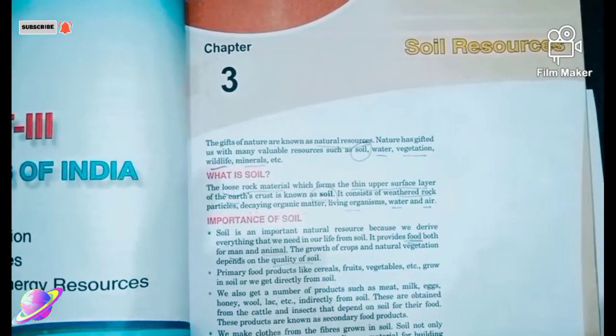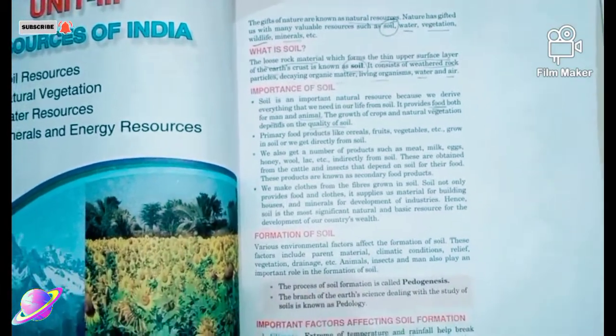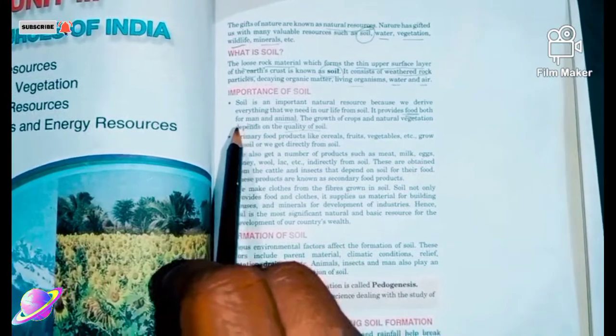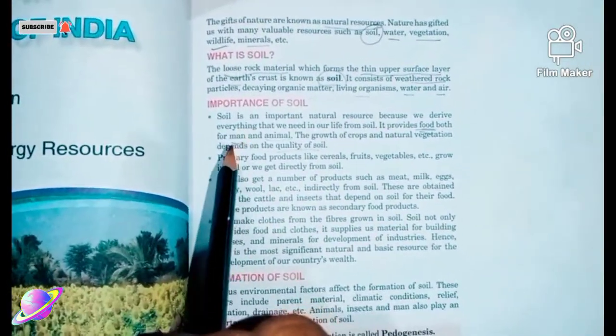Now, soil as a natural resource, do we have any use of it? Here, the importance of soil will let you know how important it is in our day-to-day life.